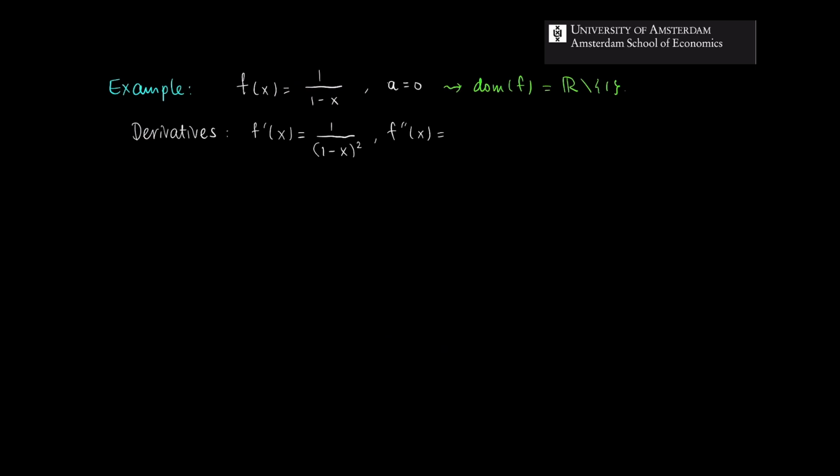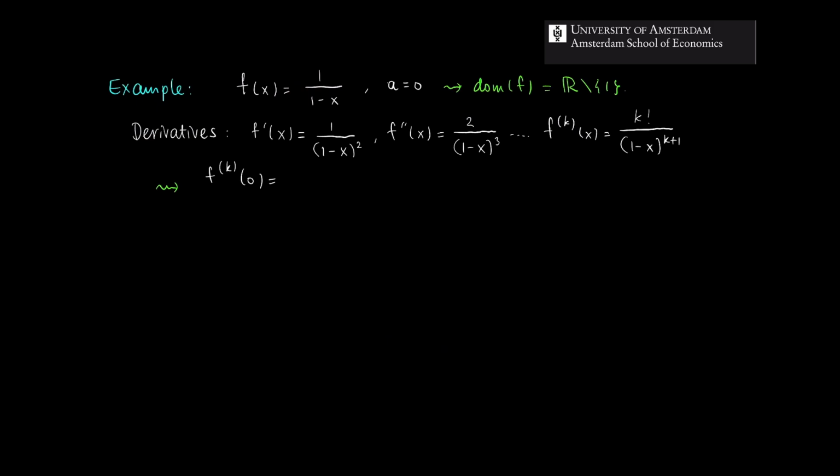So f double prime of x equals 2 divided by (1 minus x) to the power 3, and in the same fashion we see that the kth derivative of this function is k factorial divided by (1 minus x) to the power k plus 1, right? And so we have, in particular, if we plug in the value 0, because we're going to look at Taylor polynomials in 0, then we need those derivatives in 0.